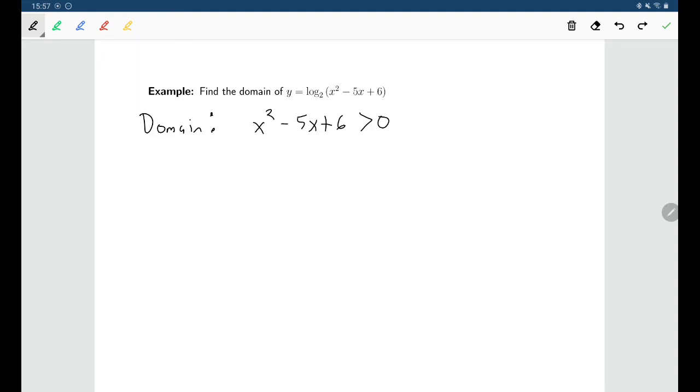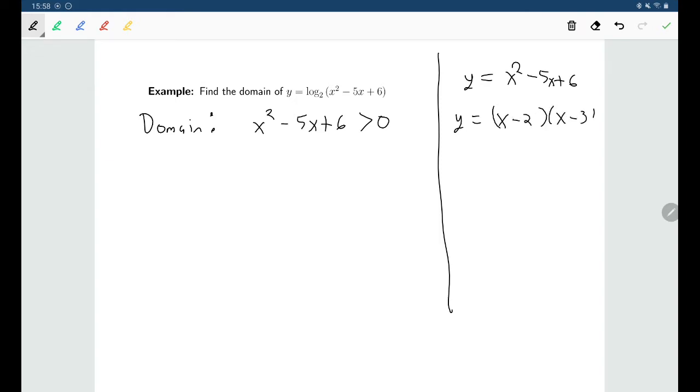So now we're at the end of chapter 5, where we did solving rational or polynomial inequalities. This would be a moment where I might mention to myself on the side that the equation y equals x squared minus 5x plus 6 is the equation of a parabola that's opening upward and has x-intercepts of 2 and 3.